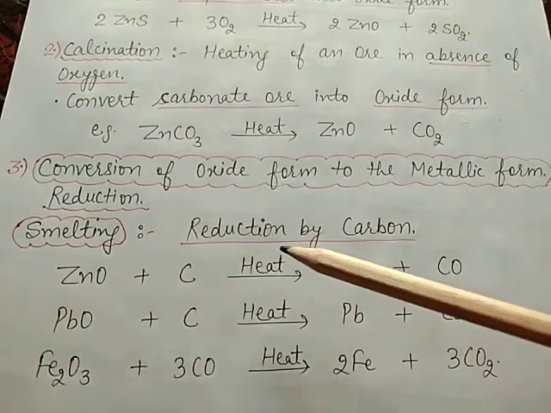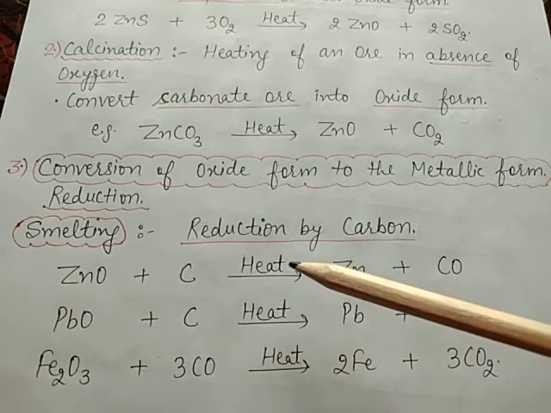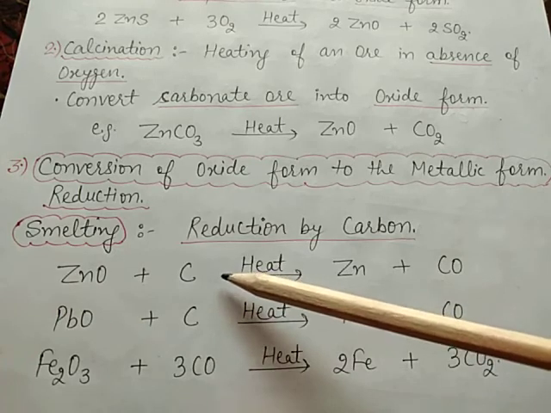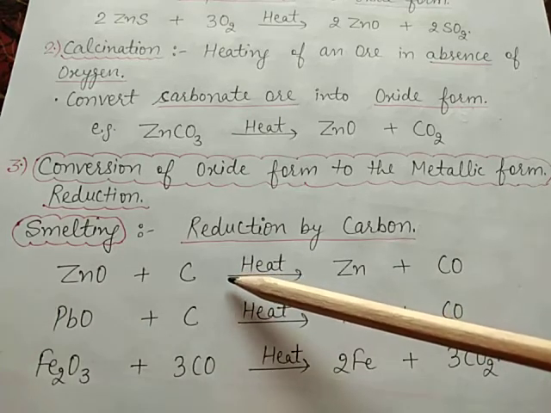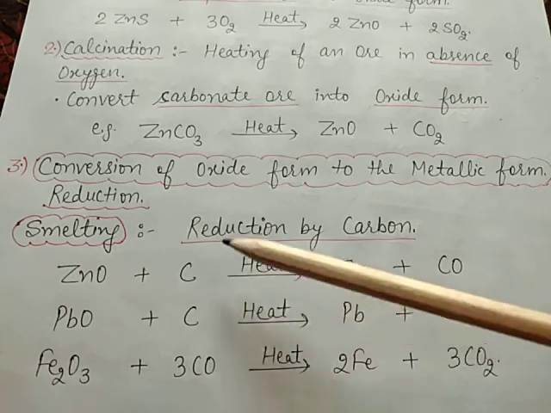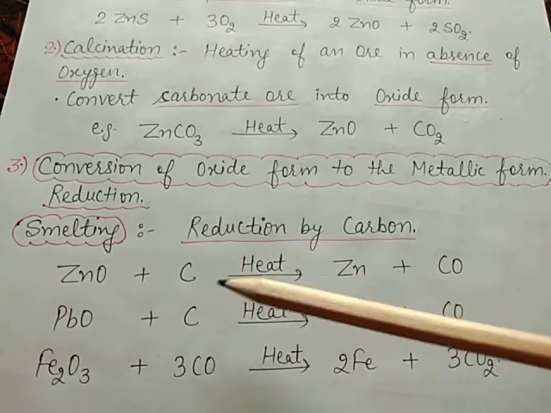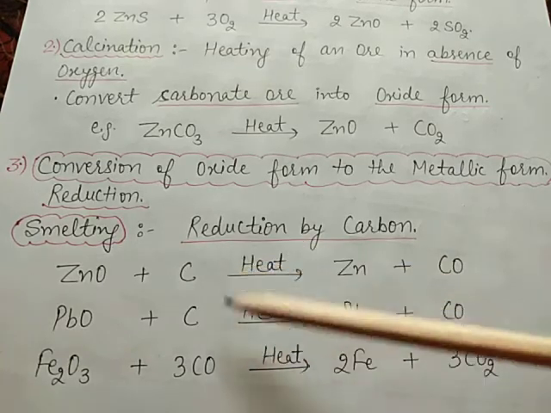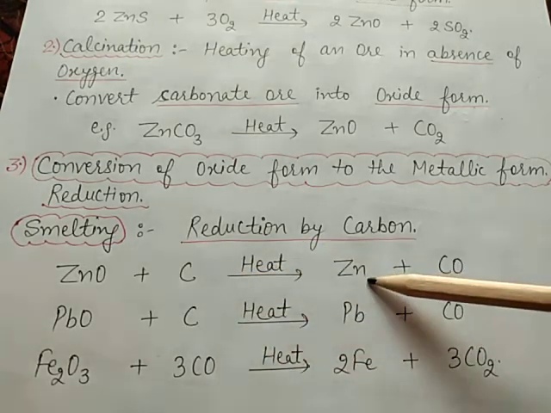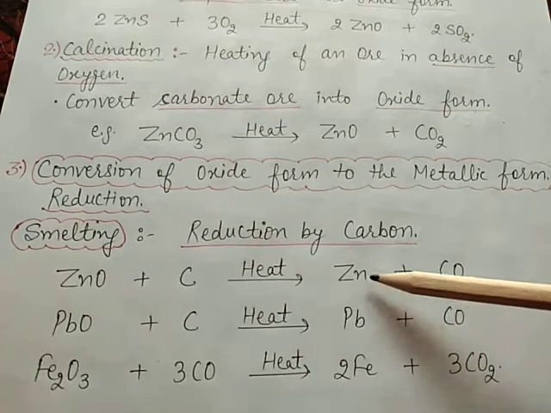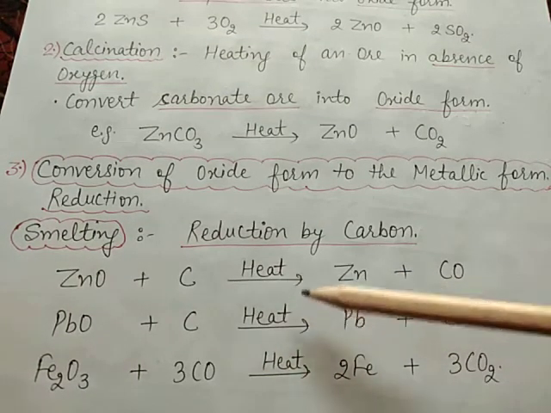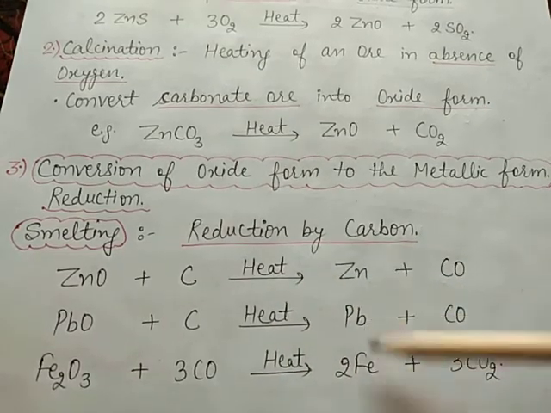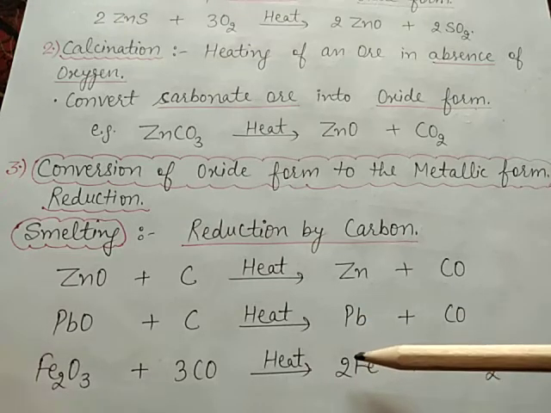In the smelting process, the roasted ore in the form of its oxide is mixed with carbon, like charcoal, coal or coke, and heated to a temperature above its melting point in a furnace, when the oxide of metal is reduced to the molten metal. This smelting is done for the extraction of metals like zinc, copper, iron, lead, tin, etc.